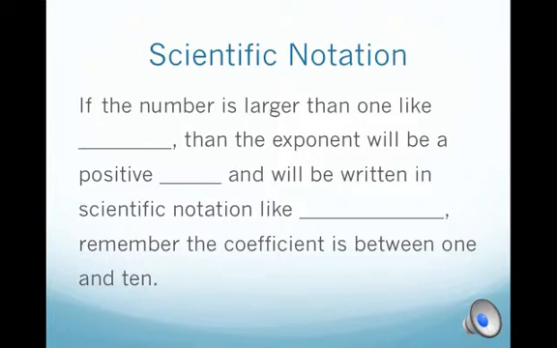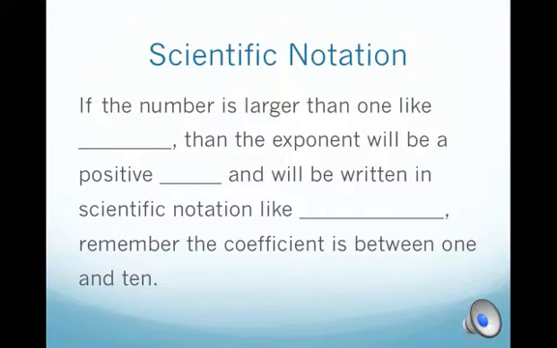Sentence frame number 3. If the number is larger than 1, like blank, then the exponent will be a positive blank and will be written in scientific notation like blank. Remember, the coefficient is between 1 and 10.